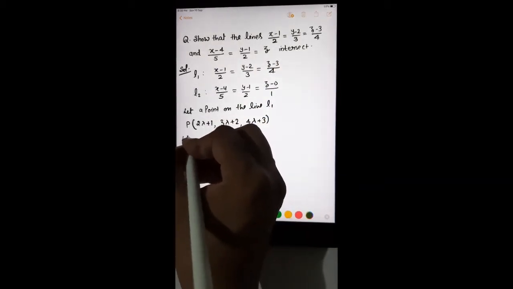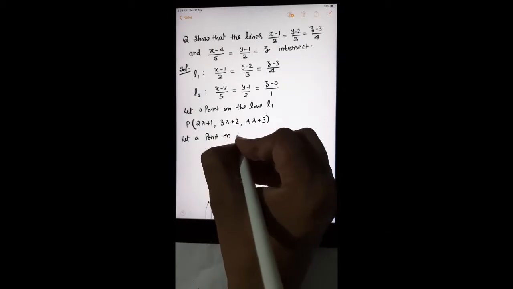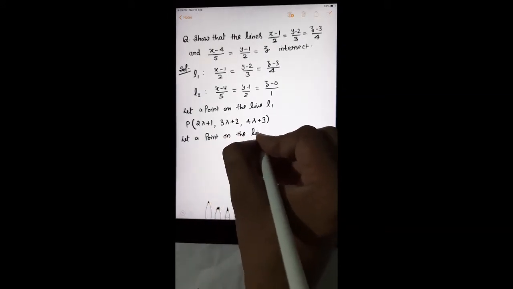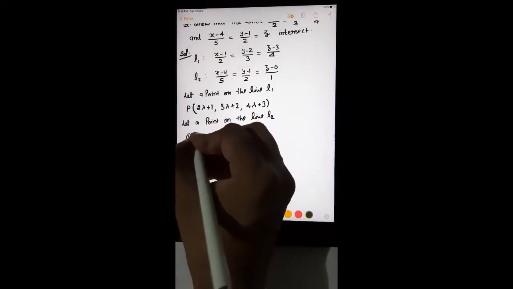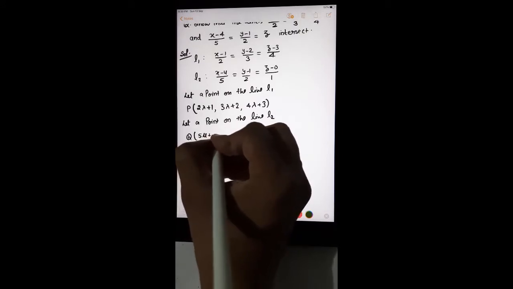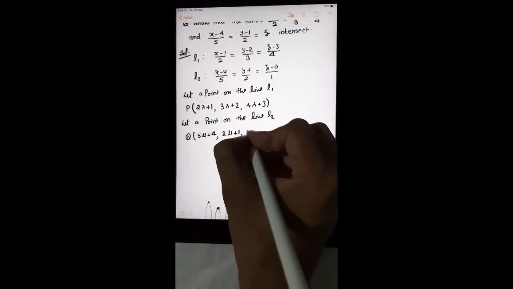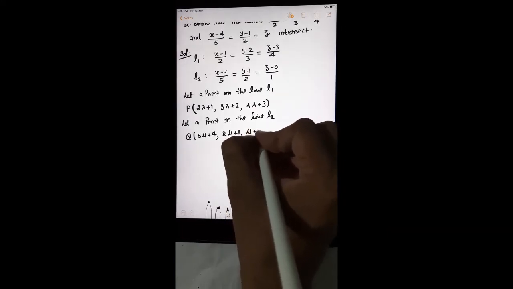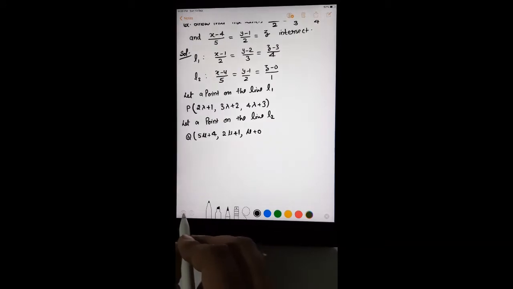Now let a point on the other line, line L2, be (5 mu plus 4, 2 mu plus 1, mu plus 0), that is, mu only.